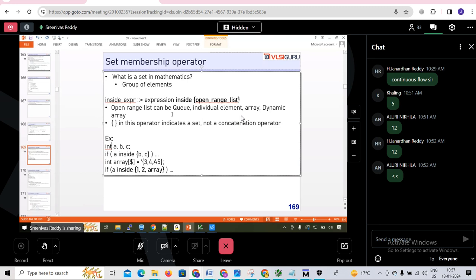See, the flower bracket itself has different meanings in different places. In one case, it was used for replication. In one case, it's used for concatenation. In one case, it's used as a set. So you should not get confused.